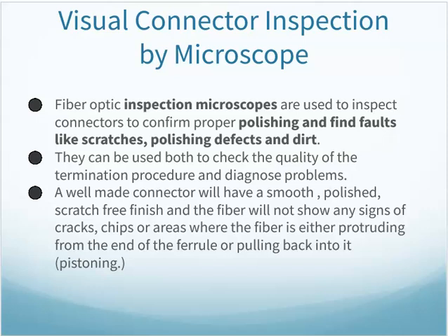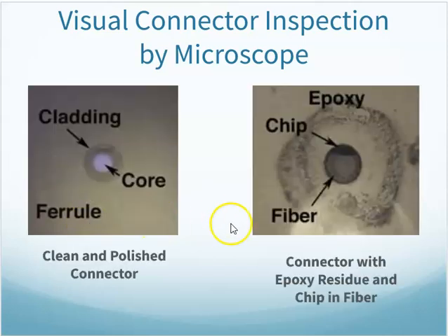Next tester tool is our microscope. The fiber optic microscope allows us to look at the end of the fiber, the end of the connector, and inspect the ferrule and even the fiber itself in the connector. So you're looking for polishing issues, scrapes, scratches, chips, those sorts of things on the fiber that would affect light leaving that fiber and going into the next connector or the next fiber. These are some of the pictures they had for you.